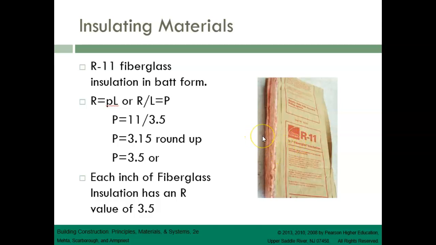If I took the thickness of it and multiplied it by the P value, I would come up with the R value. So in this case, the P value is roughly 3.5, and 3.5 times 3.5 gives us an R11 value.